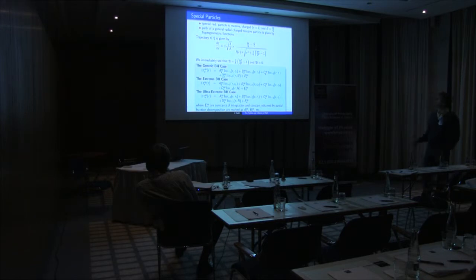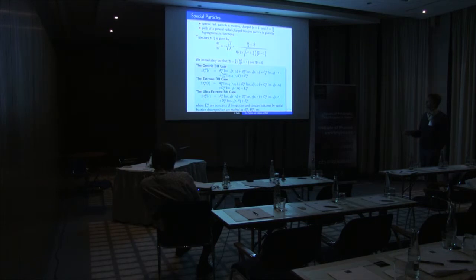So, the special particle. We define the special particle with a specific charge and this energy. So in this case, the equation of motion simplifies enough, and the polynomial under the square root is only up to the second order. So now we can apply the partial fraction decomposition on this part, and these are the results.